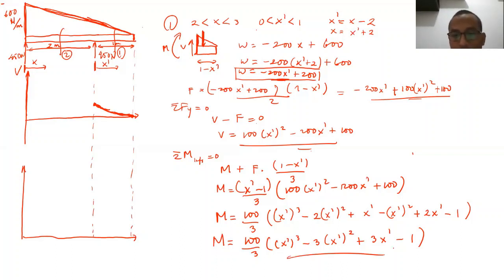And then for this one, at x(n) equal to 0, the value will be minus 100/3. Okay, and at x(n) equal to 1, 1 minus 3 plus 3 minus 1, it's supposed to be 0.